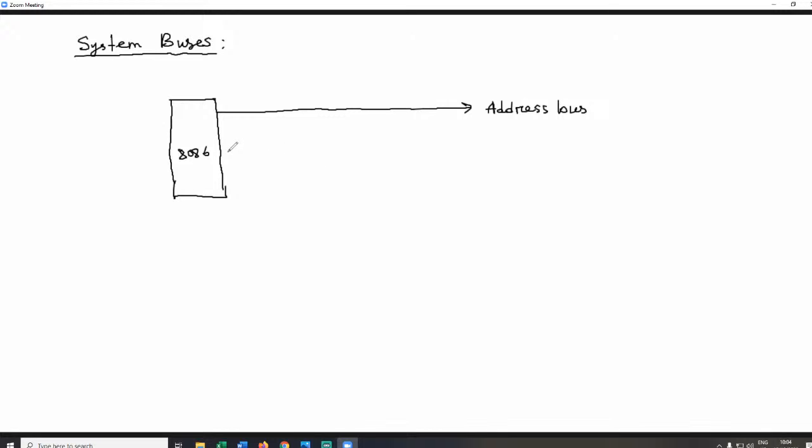And then there is another type of bus, the second type. This is called data bus. So what is the third one? Can you say? Control bus.